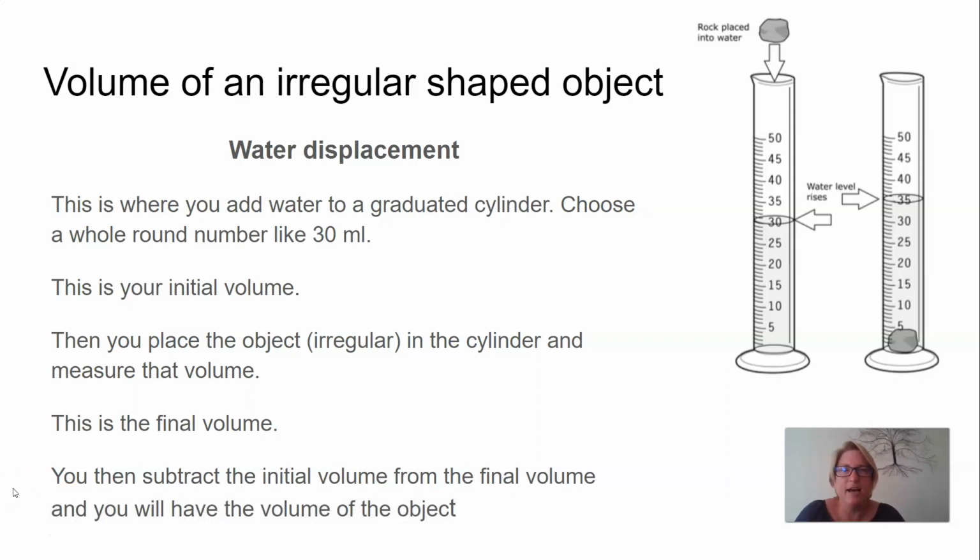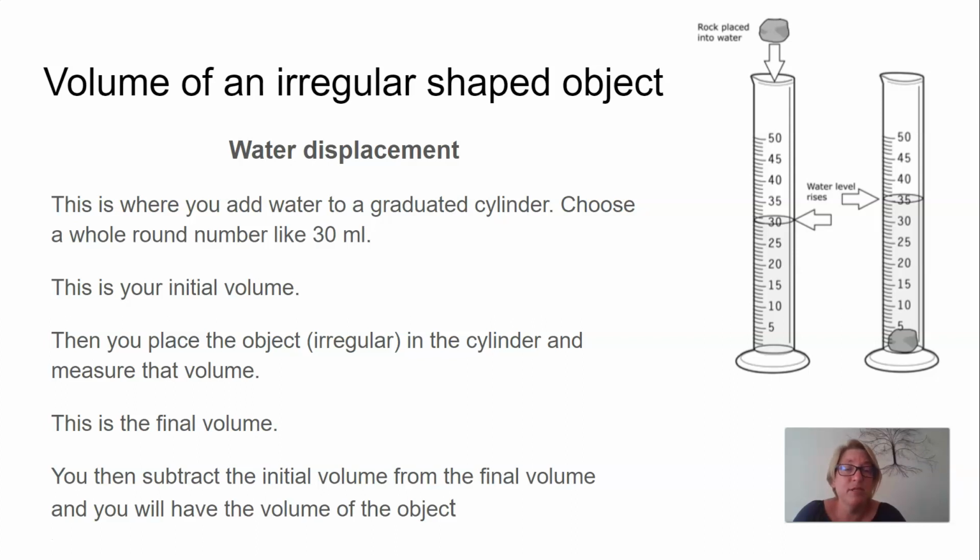Okay, so here is a fabulous little tool. We can use the displacement of water to calculate the volume of an irregular object. So the first thing you need is a graduated cylinder. That's just a measuring cylinder that has got measured out mils.